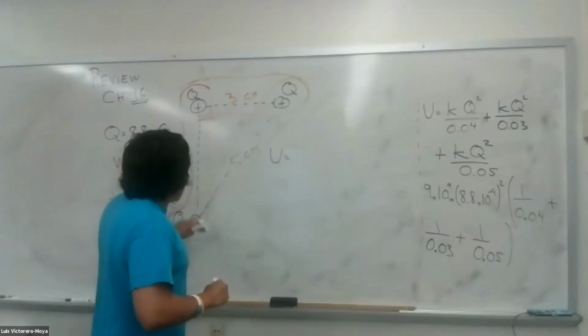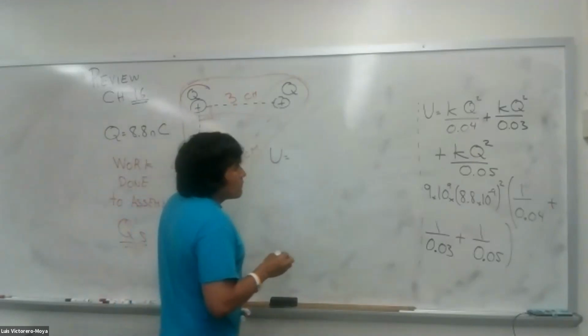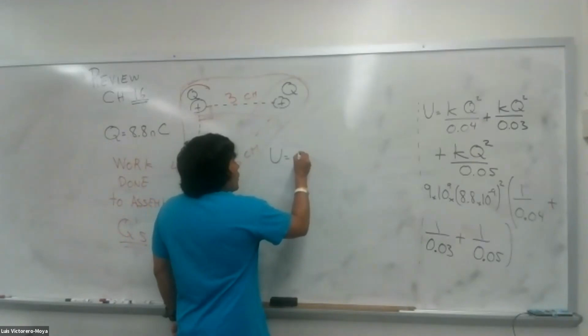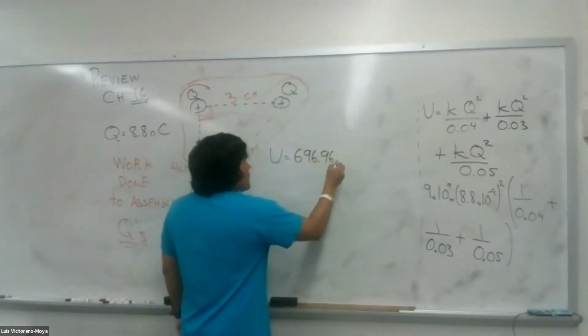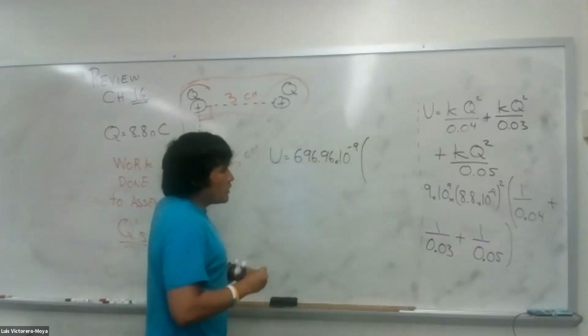This one, and this one, right? So 696.96 times 10 to the negative 9, parentheses, I'm going to do all that.